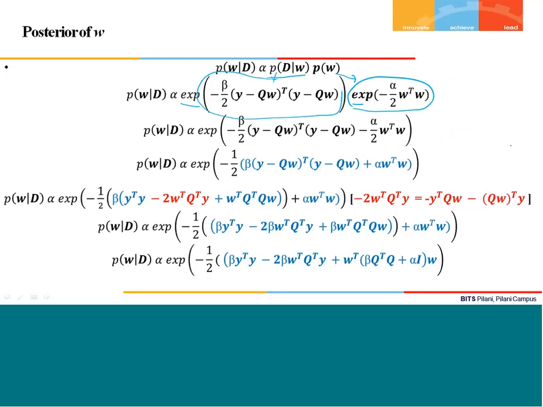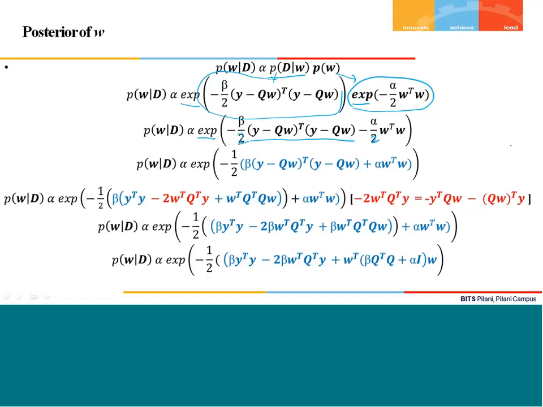So the exponents will get added, and when both get added, they come inside. So the exponent will go outside, and both come into the sum. When you multiply these two numbers, after simplification, these two go outside. We have taken this common half, and this will go inside.